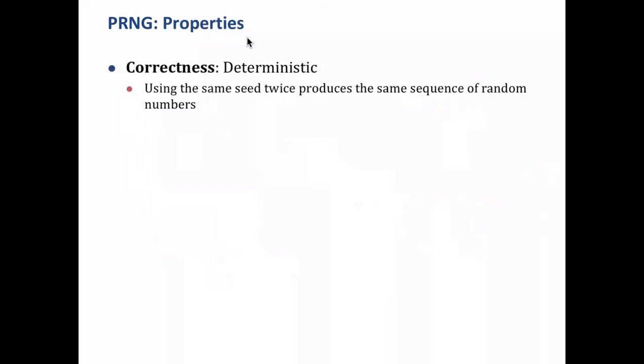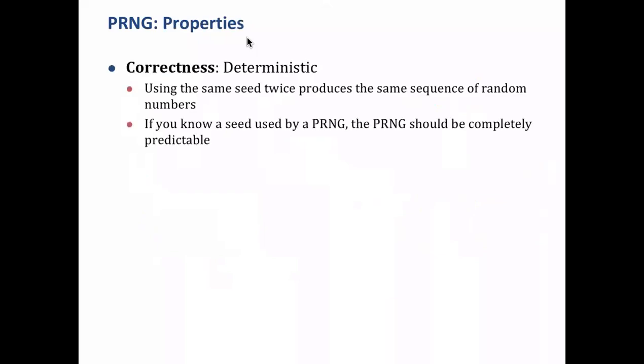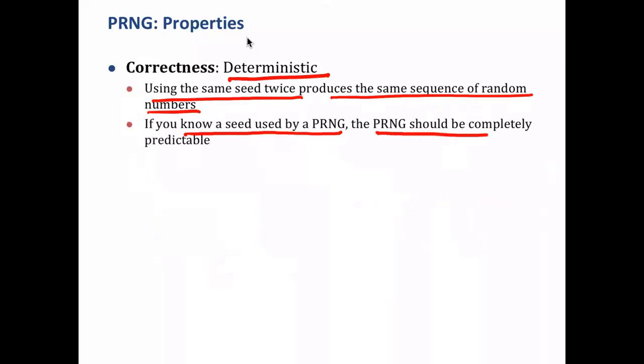So what are the properties? It's deterministic. Using the same seed twice produces the same sequence of random numbers. So if you know the seed of a pseudo random number generator, then the PRNG should be completely predictable. But the question is, do you know the seed? How do you guess the seed? That's impossible.